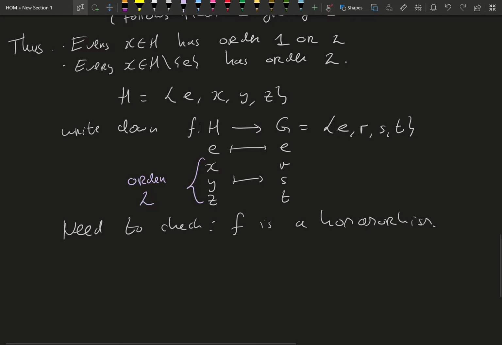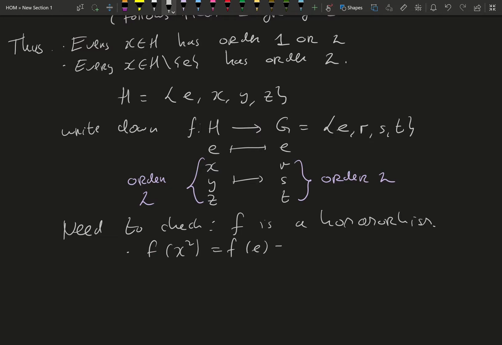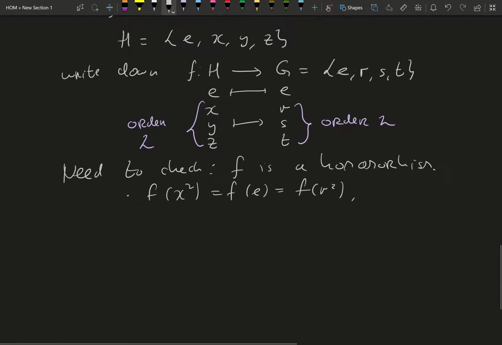And because this guy is a rotation by 180 degrees and these are both reflections, they also both have order 2. So that means that F of X squared is F of E, which is F of R squared. And same for Y squared and Z squared.